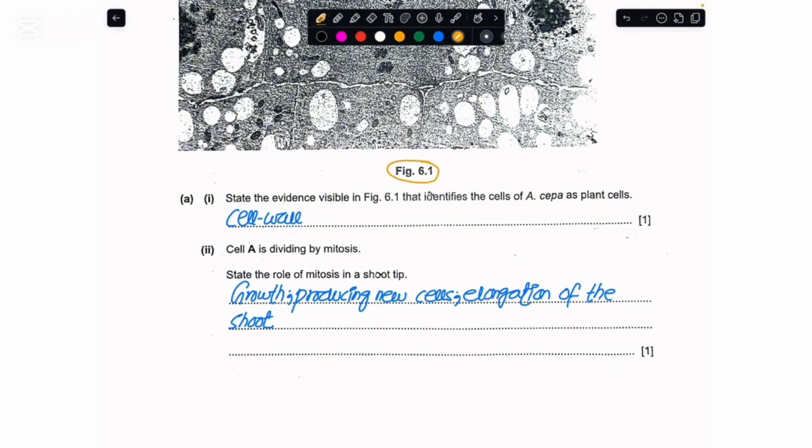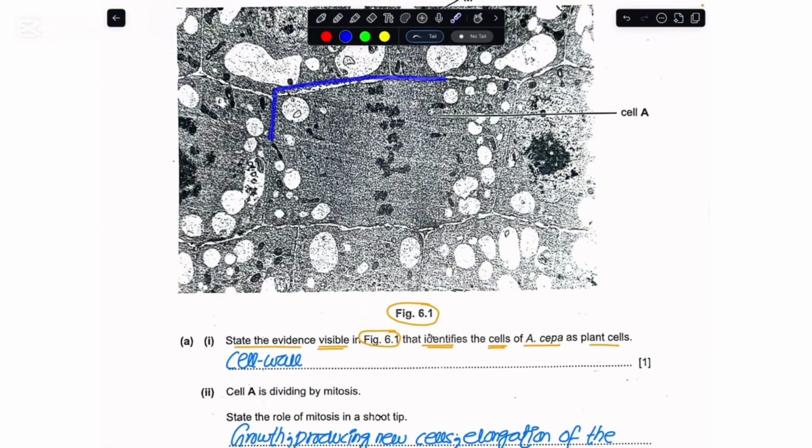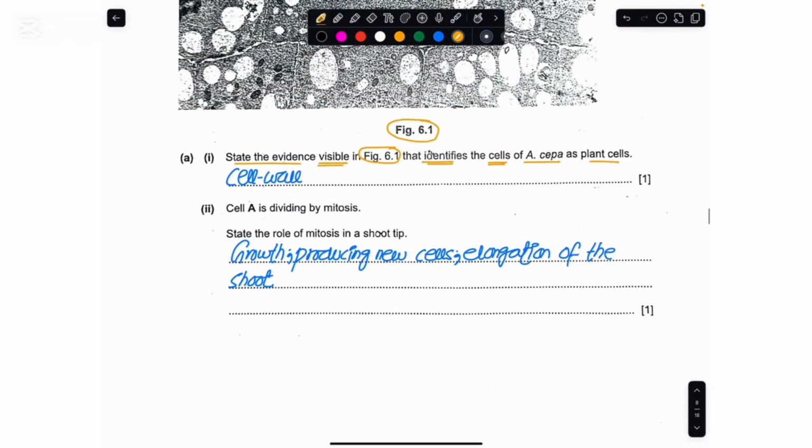Now they ask us to state the evidence which is visible in figure 6.1 that identifies the cell of Allium cepa as a plant cell. You see that we clearly see the cell wall being present here. And then they say that cell A is dividing by mitosis.